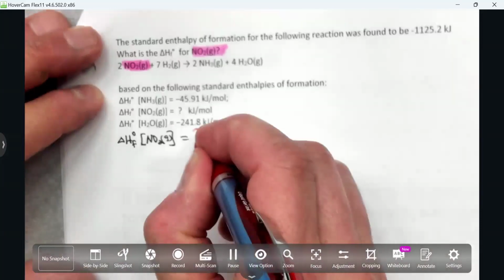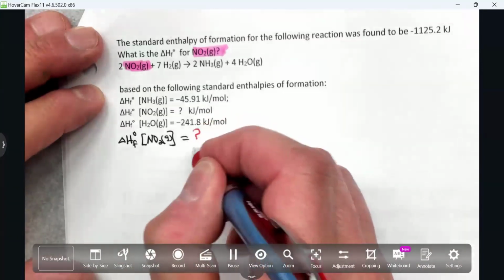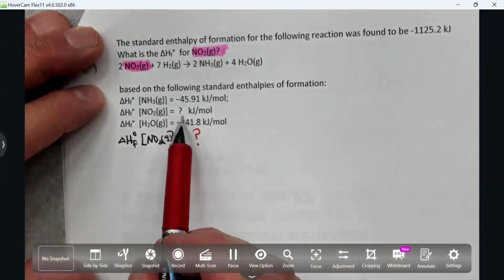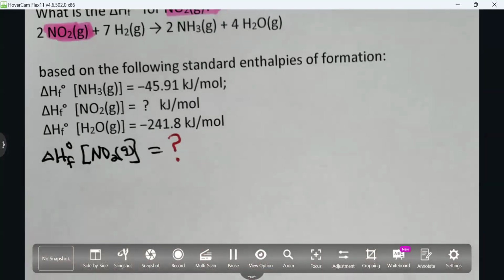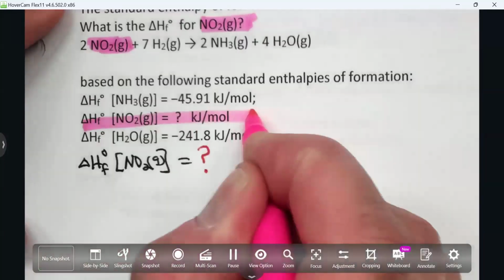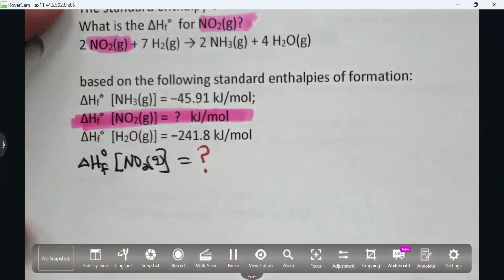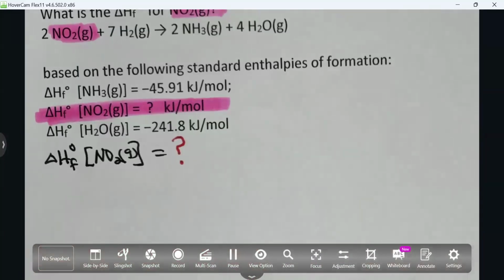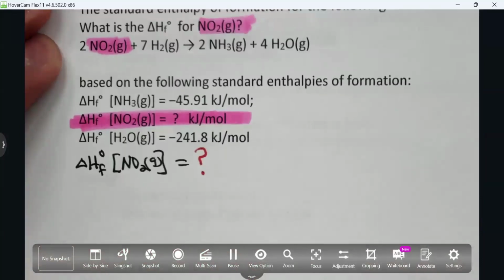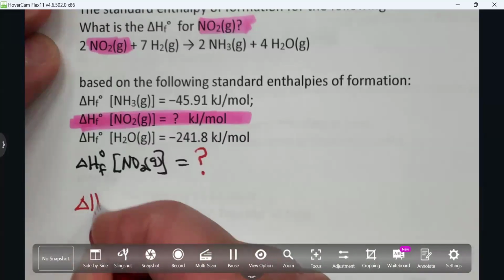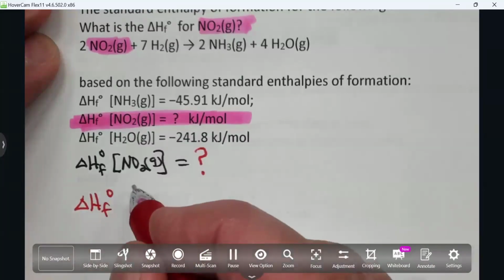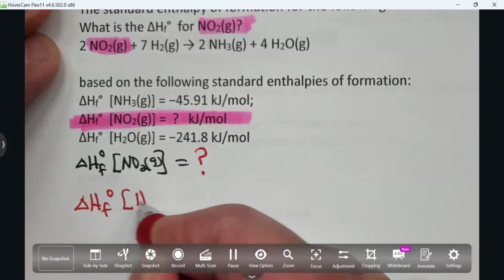I've got it up there. I'm sorry. It's right there. I put a question mark already. This is what we're looking for, yes? Now notice one of the values is not given. And that would be the enthalpy of formation of hydrogen gas.